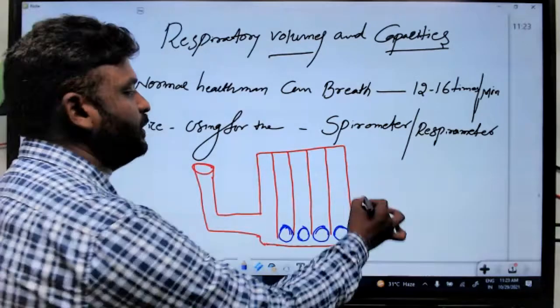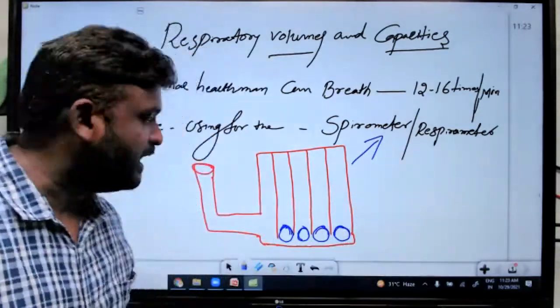This is the device, the spirometer or respirometer.